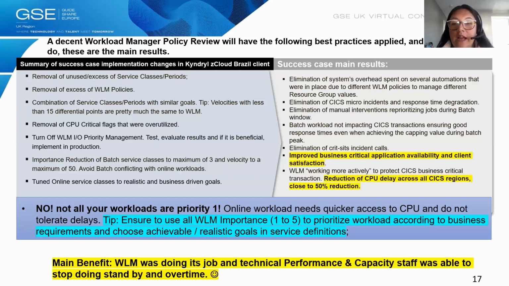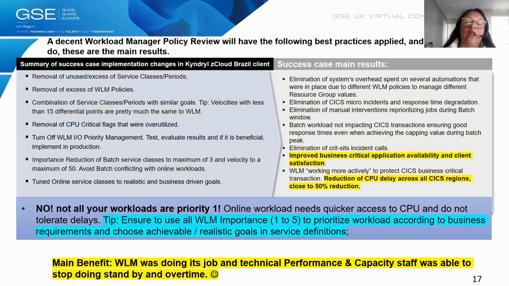Elimination of systems overhead, right? Elimination of CICS micro instance, as I mentioned a few times. Elimination of manual interventions, like prioritizing jobs, etc. So you stop the micromanaging. Batch workload not impacting CICS transactions.